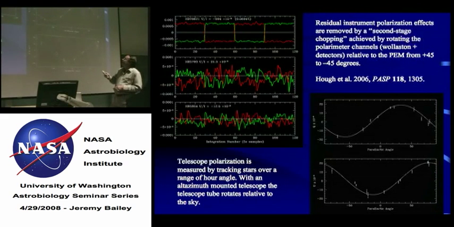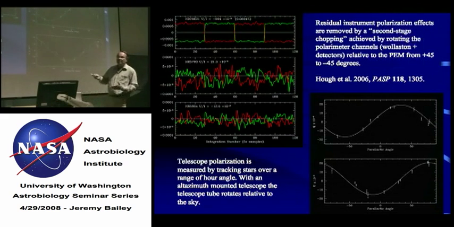So this square wave pattern is the polarized signal we're seeing from the two channels, the two avalanche photodiodes, and that first case is for a polarization of, I can't read that from here, but it's something like 10 to the minus 4.